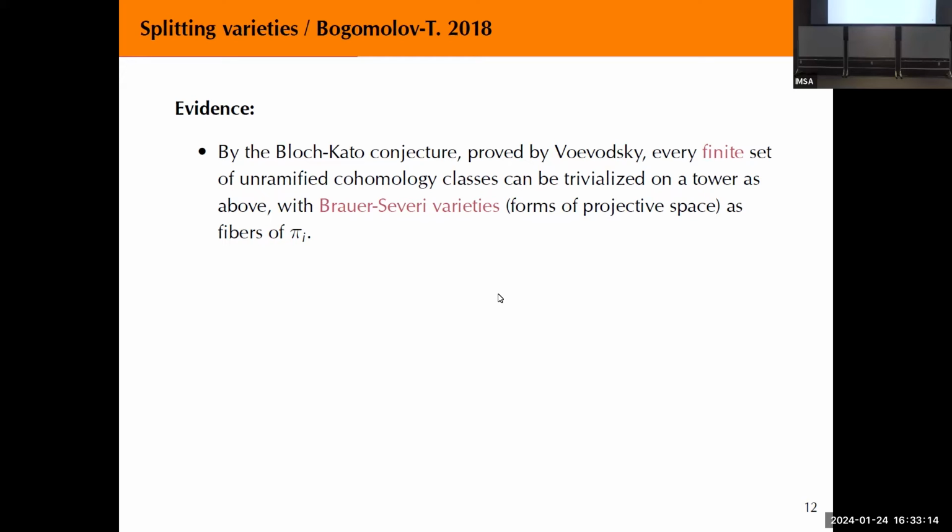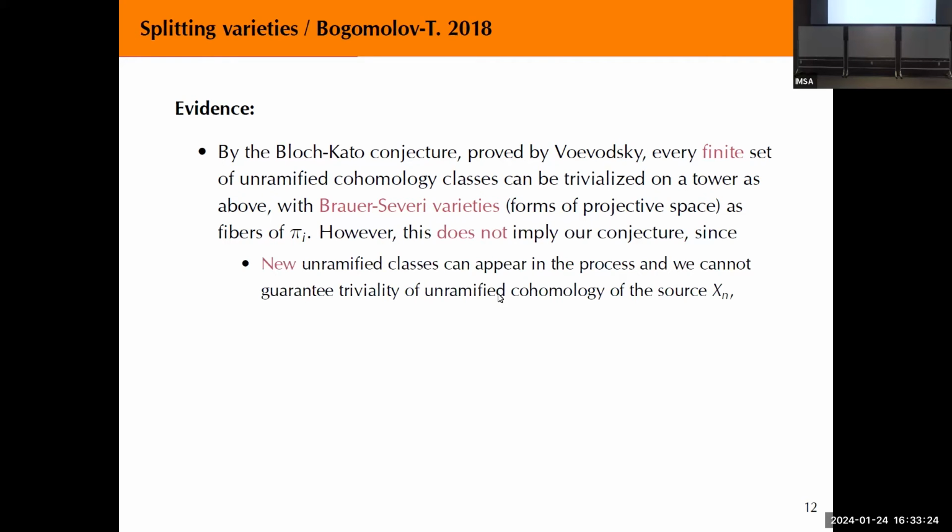So it suffices to use Brauer-Severi varieties. Now, this doesn't prove our conjecture, for the following reason. First of all, new unramified classes can show up. You kill one class on the descent variety, the splitting variety, and suddenly there's another class coming out of the blue.